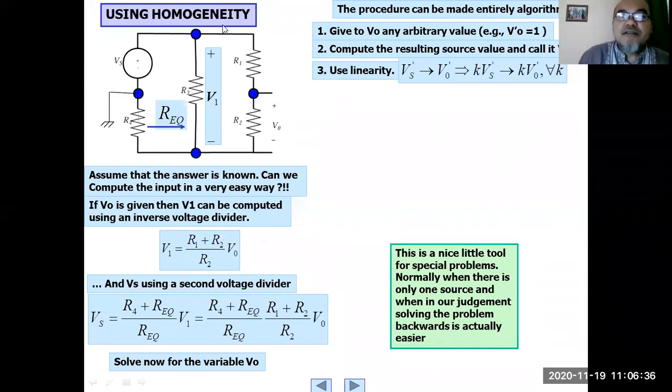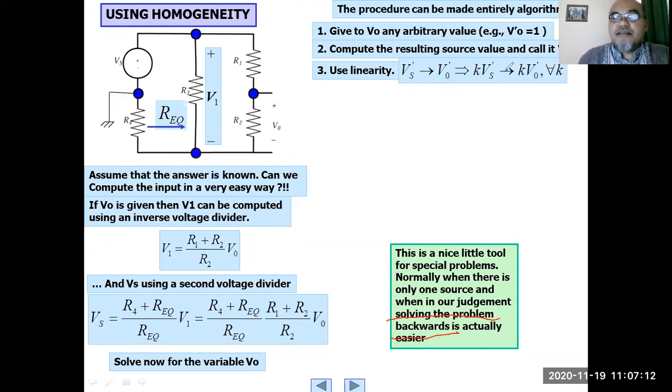Afterwards we go backward, solving the problem backward, and when we get to the source, for example the value of the voltage source, the problem itself gives another value, so we have a constant multiplication factor. By using that multiplication factor, we can multiply it with the previously assumed value.